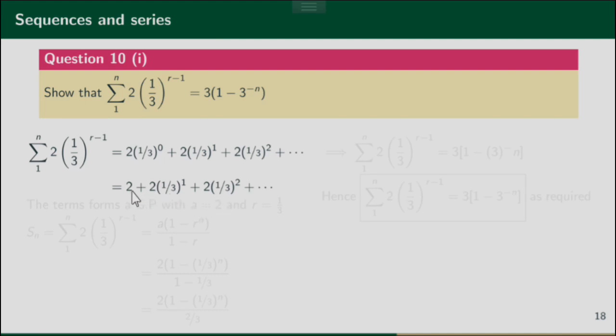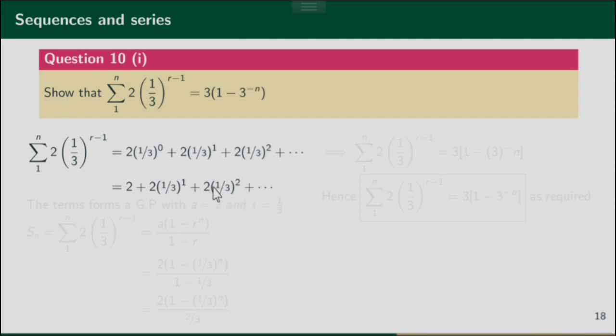Now looking at it keenly, I will see that of course there is a pattern, because 2 is common to each of the terms and 1/3 appears. That means if I find the ratio of any two adjacent terms, I will have a common ratio, which is 1/3. Because if I take the second term and divide it by the first term, 2 strikes out with 2, I have 1/3.